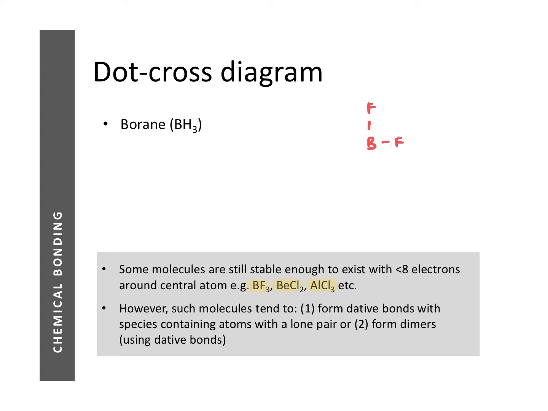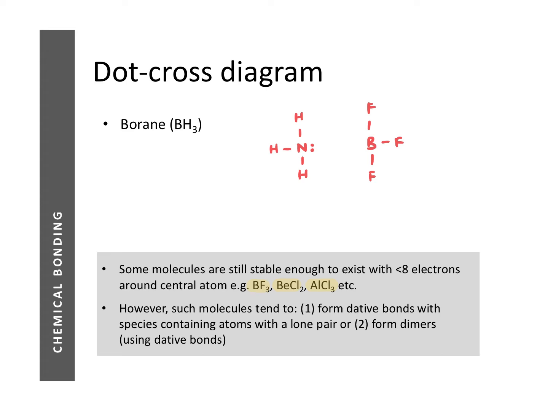So there are only 6 valence electrons around boron. So in the presence of, say, ammonia, we have seen earlier that ammonia has a structure like this. It has a non-bonding pair of electrons on nitrogen. So when boron trifluoride meets ammonia, nitrogen or ammonia has non-bonding electrons, has spare electrons.